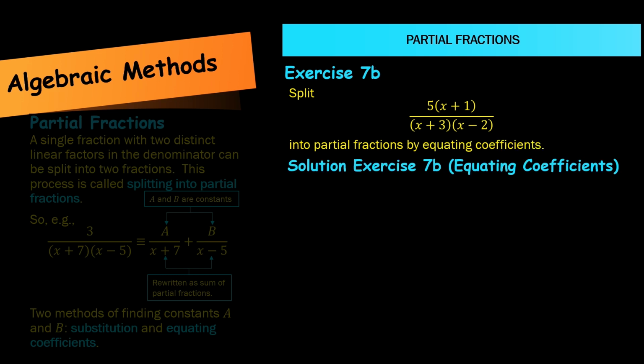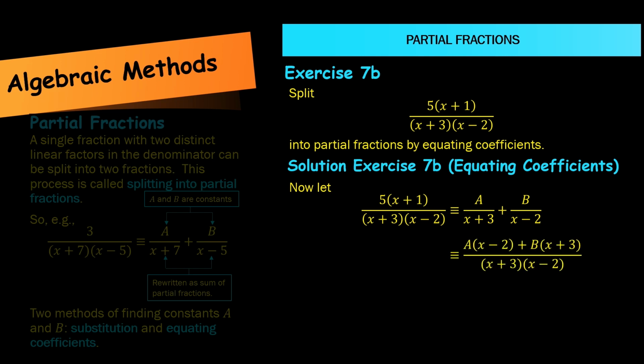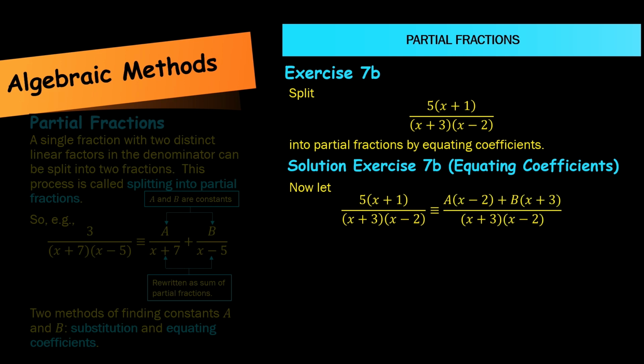We are required to split the expression shown on your screen into partial fractions by equating coefficients. So let's express this as a over x plus 3 plus b over x minus 2 as shown. And then, similar to the previous part, we express this as a single numerator over a single denominator. And again, we have a similar expression as previously.